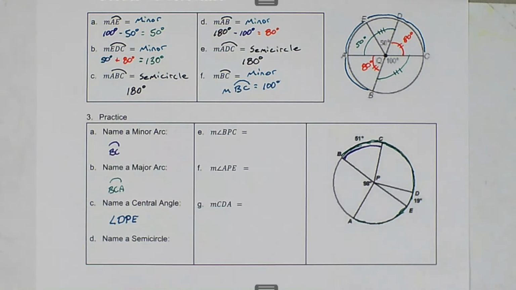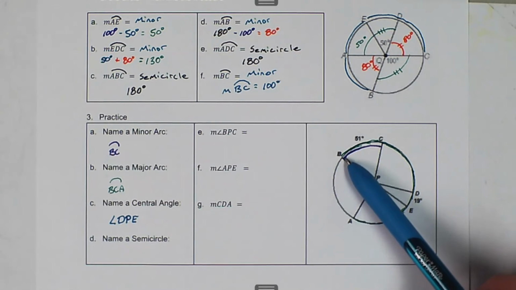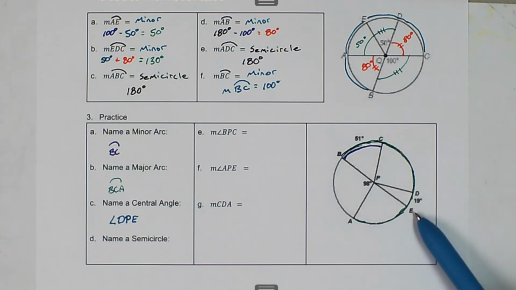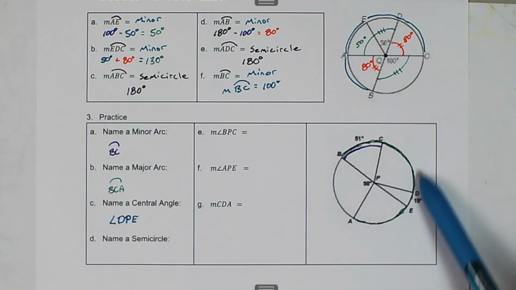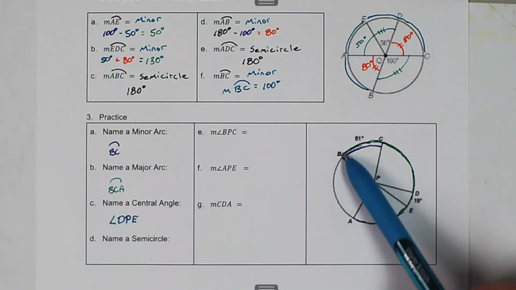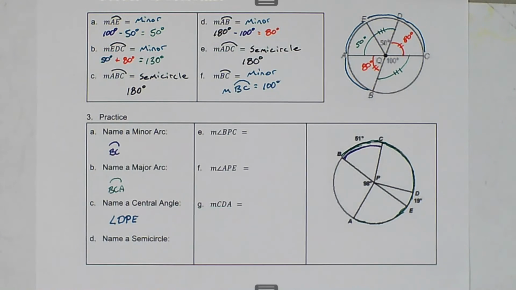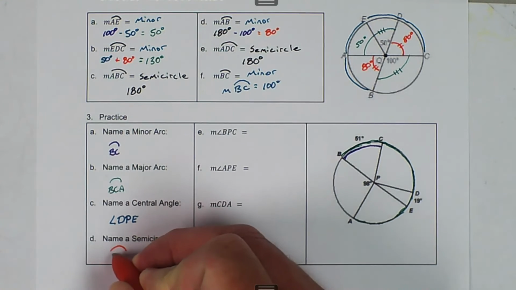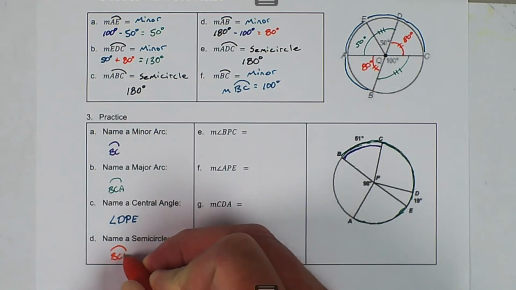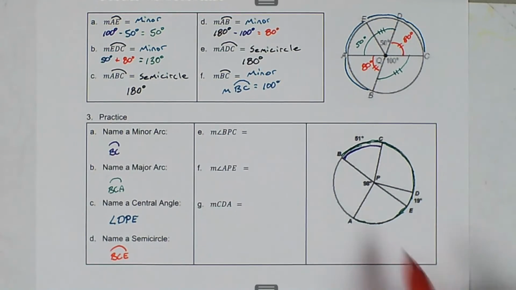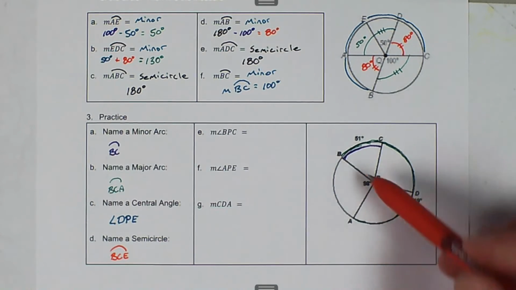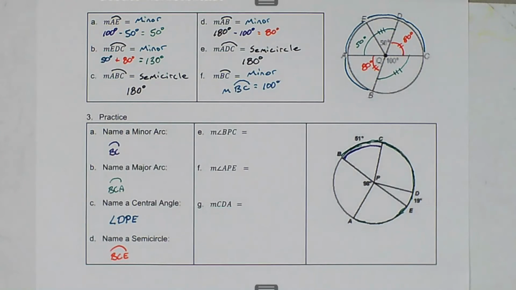So we had to keep that included. And then name a semicircle. Well, the only semicircle we have right here has to include BE. So we could call it BCE, or we could call it BAE. Either one will work. We'll go BCE. And the reason that B and E have to be on the outside is because those are the only 2 points that are connected to the diameter.